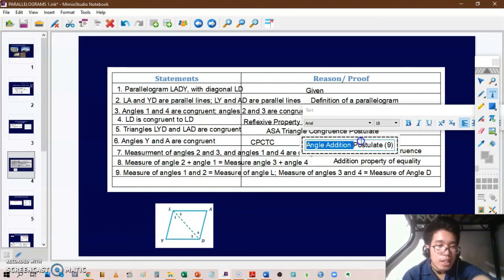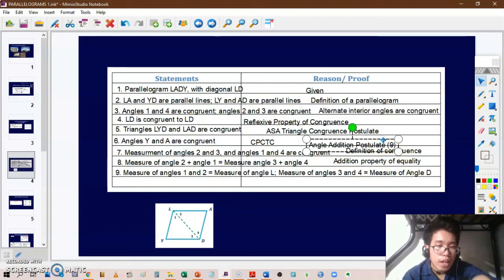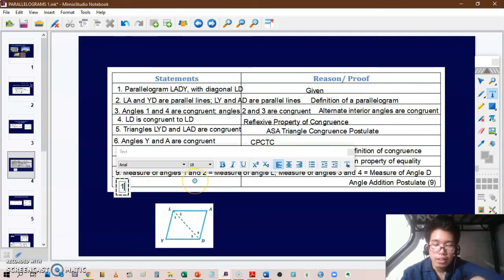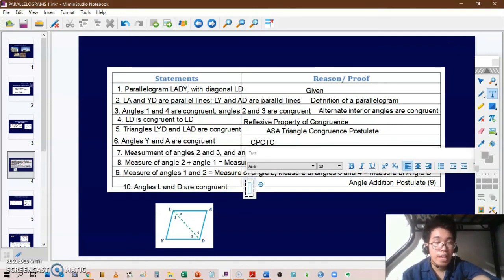And then lastly, since we've seen that the measure of angle L is the same as the measure of angle D through the angle addition postulate, we can say that angles L and D are congruent. The reason for that is the definition of congruence.